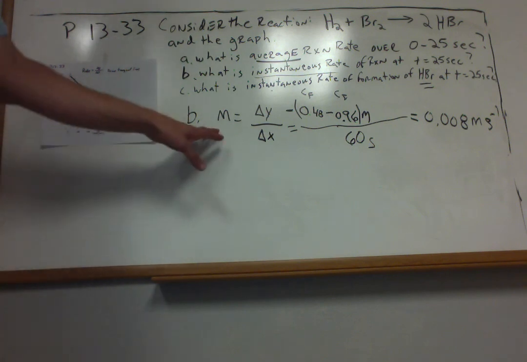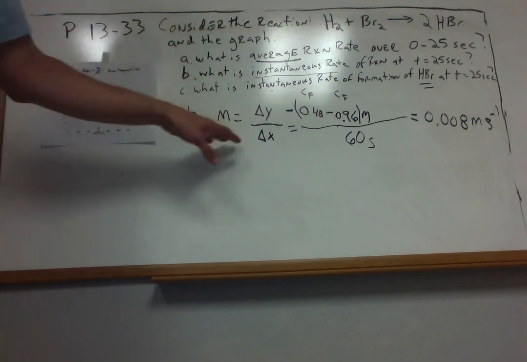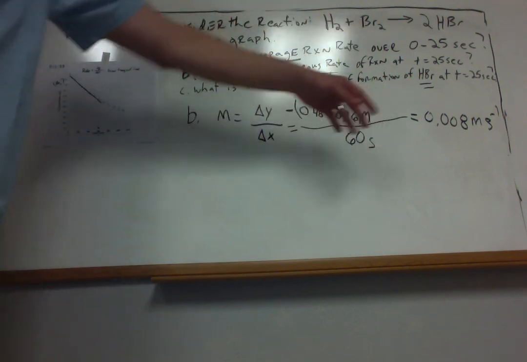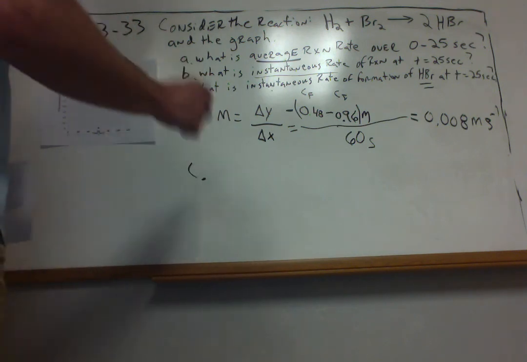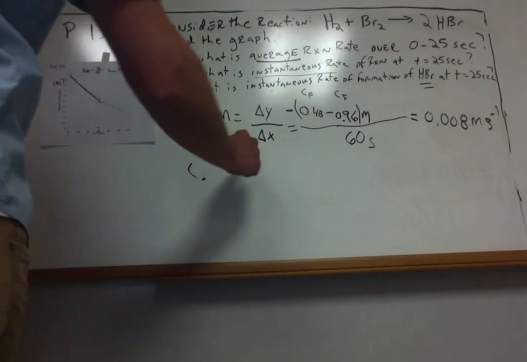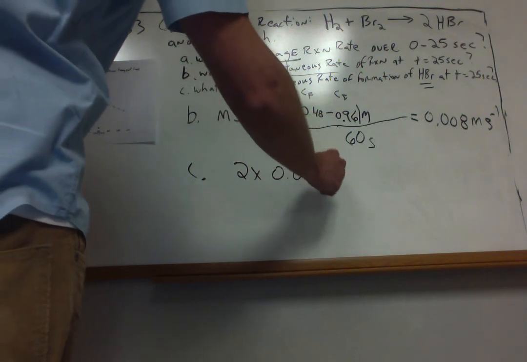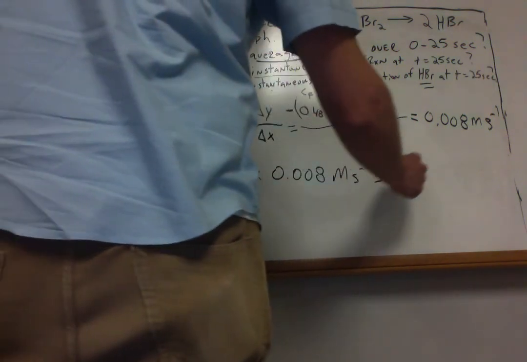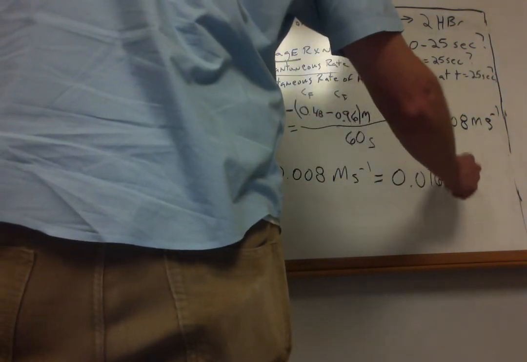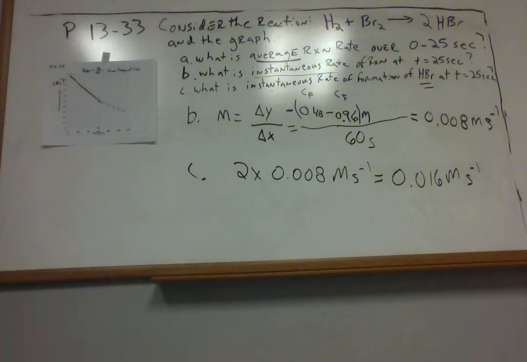So if my overall reaction rate is this, and the rate of consumption of the H2 or the rate of consumption of the Br2 is this, which it is, it stands to reason then that for C, the rate at which the HBr is produced is 2 times the instantaneous rate of use. So my instantaneous rate of production would be 0.016 for my 2 HBr, okay?